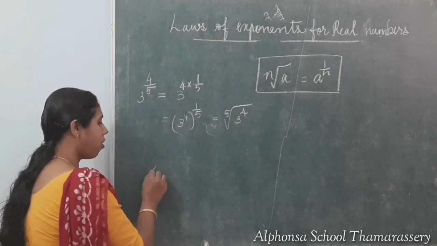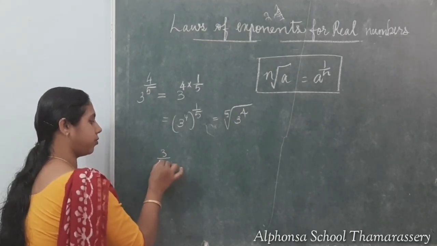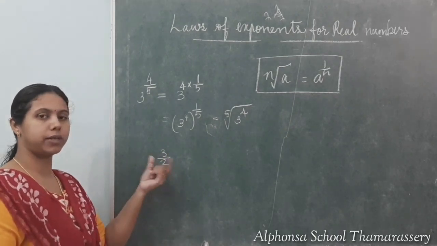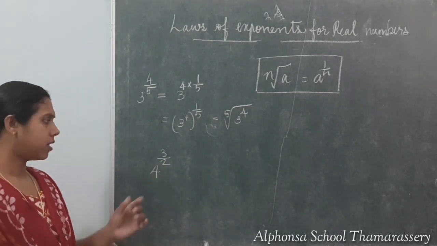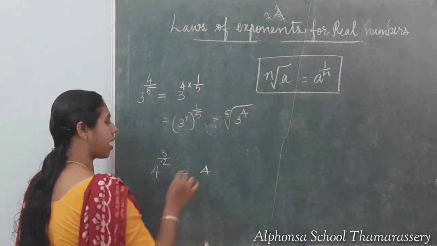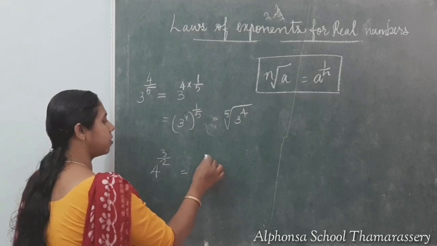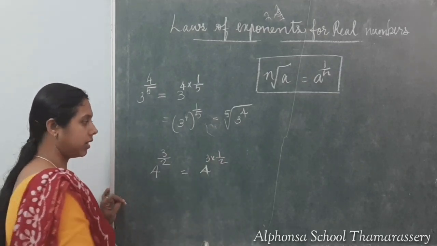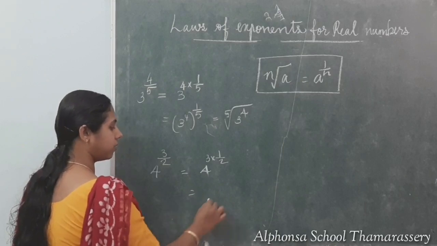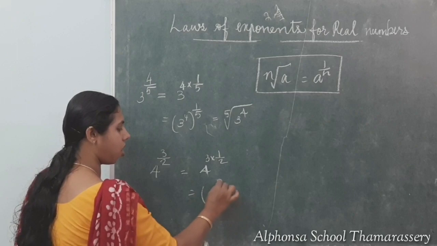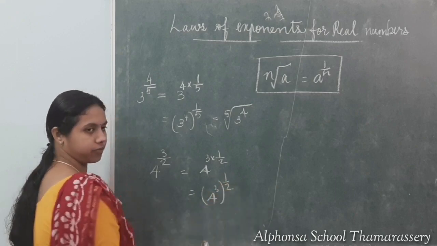Similarly, another example: 4 raised to 3 by 2. Here 3 by 2 is a rational number. This we can write as 4 raised to 3 into 1 by 2, which is equal to 4 raised to 3 whole raised to 1 by 2.